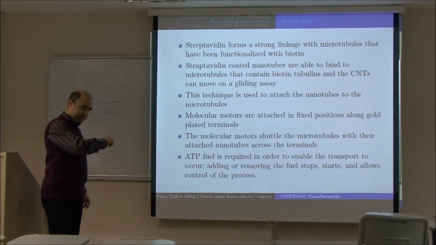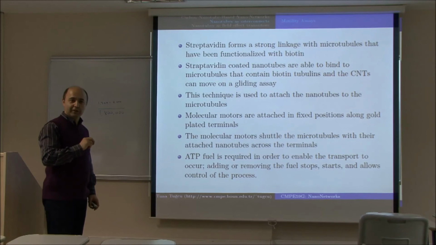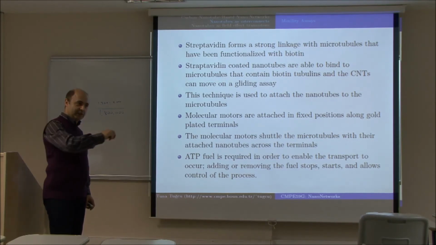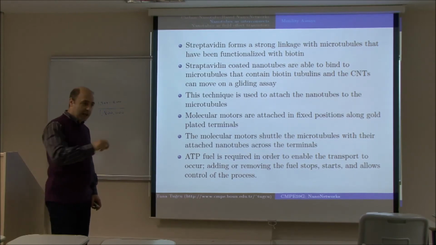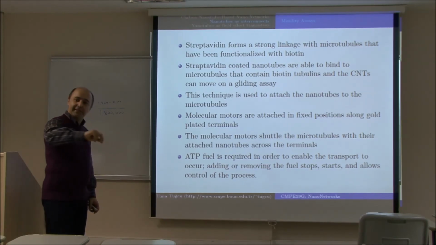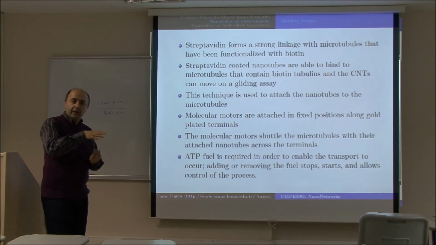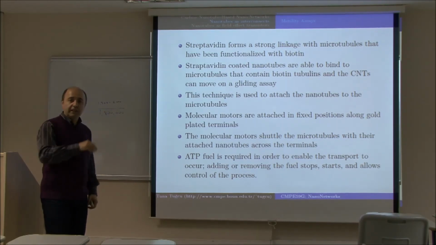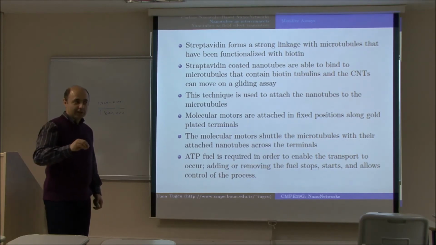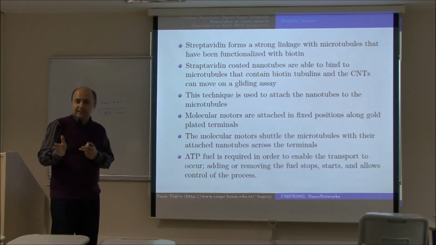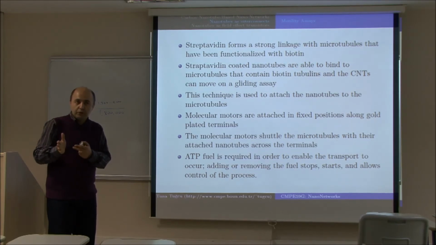Now, if you can spread this fuel, like putting some spice on your food, forming a path, the microtubule will not be able to have this moving effect with the molecular motors that do not have that fuel. They can only have this reaction with the molecular motors around which you have ATP.